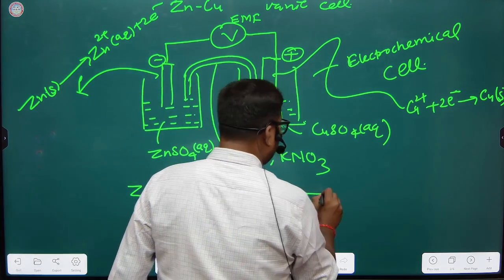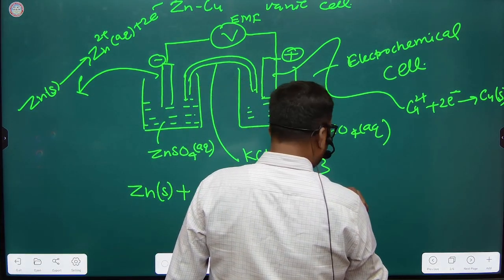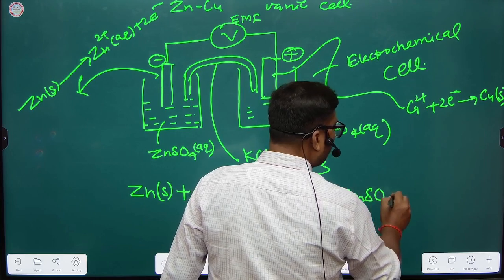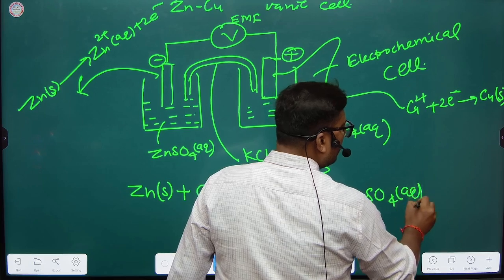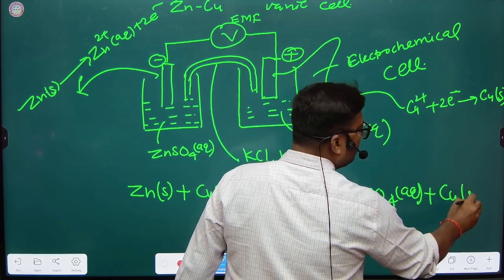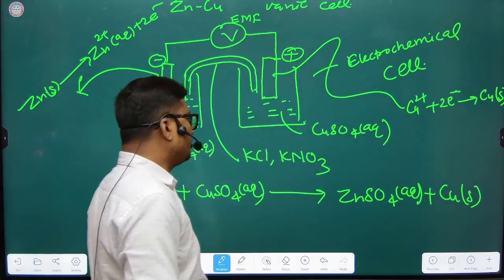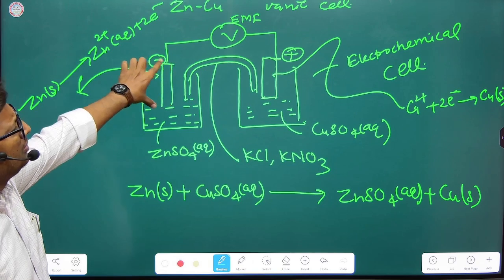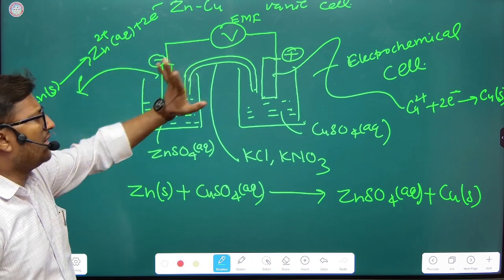The reaction proceeds, giving zinc sulfate aqueous, and copper is precipitated out, right? So this is the overall reaction in the particular zinc copper galvanic cell.